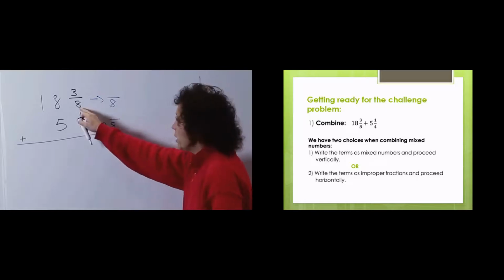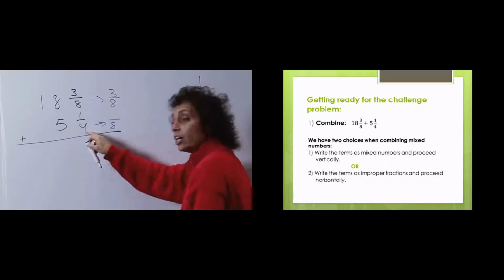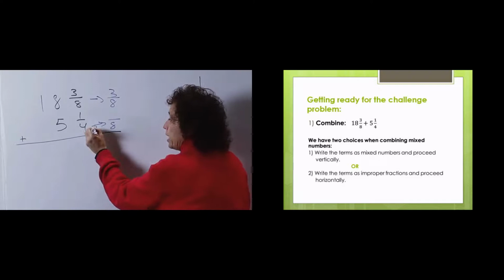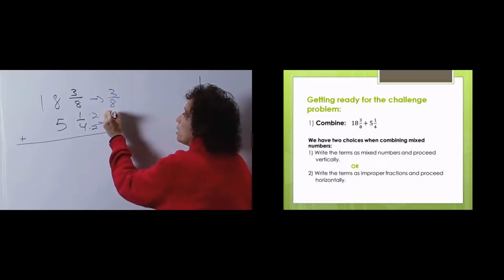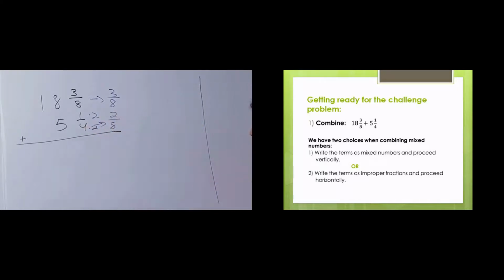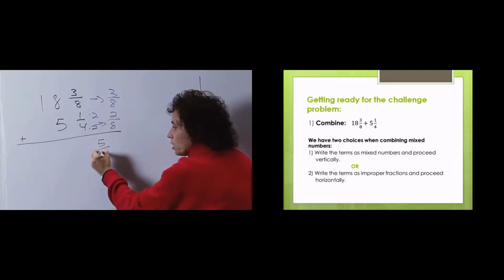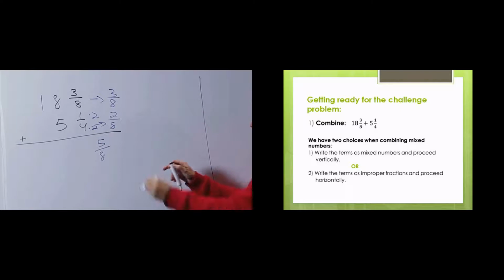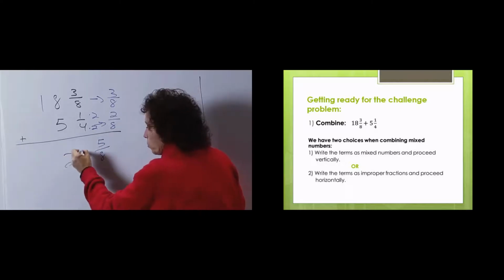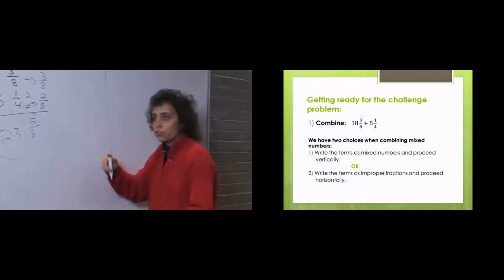Well, that already is an 8, so we just leave that 3. Here, we have to multiply by 2 to get 8, so here we have to multiply by 2, and we get 2 eighths. Now we just add this. 3 eighths plus 2 eighths is 5 eighths, and then we just add the whole number part, and we get 23. So 23 5/8 is your answer.